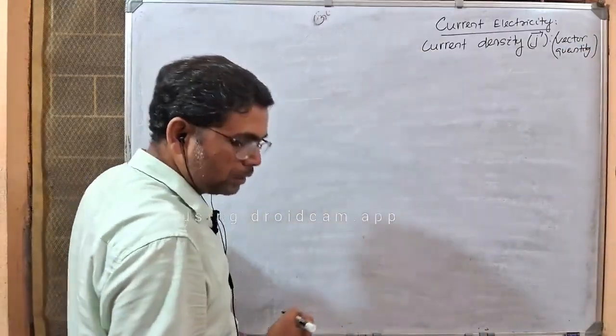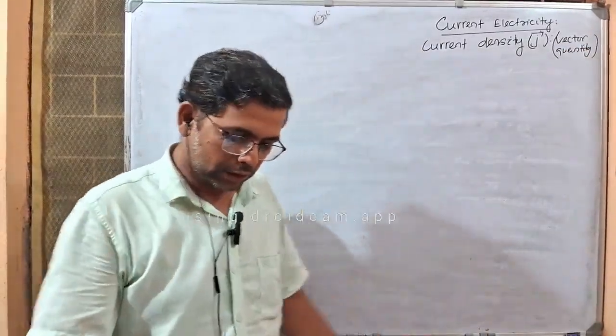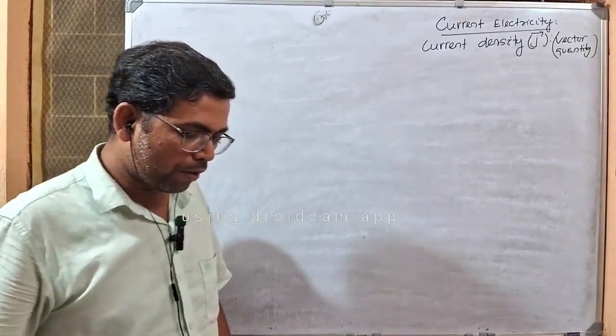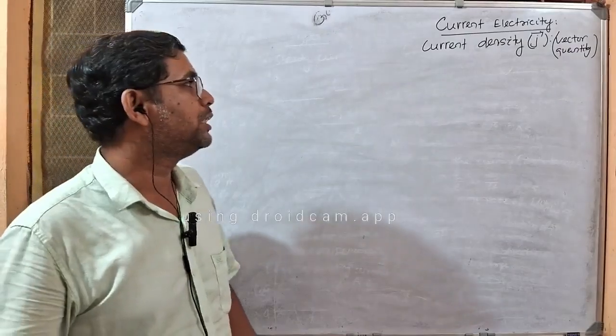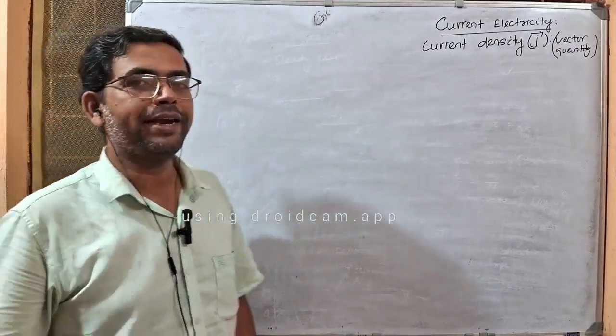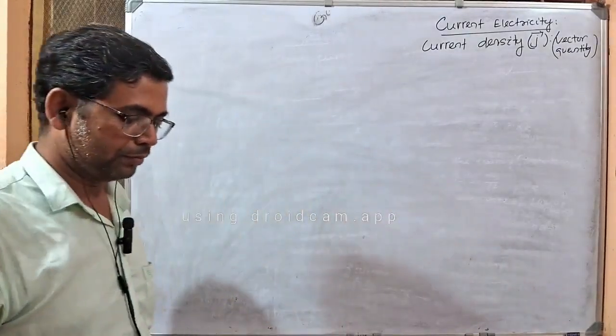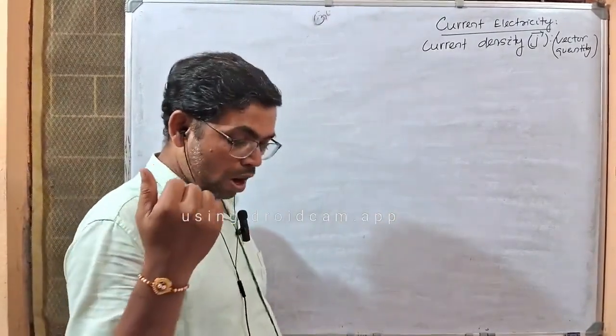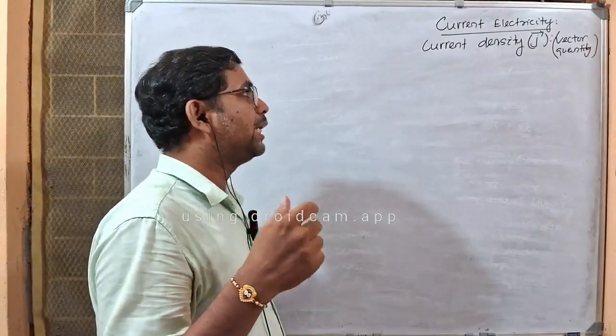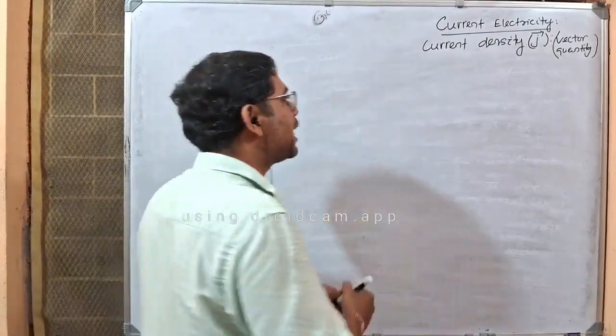Suppose, similarly, just imagine, current density is current by area. So you just draw a small area at a point P inside a conductor.